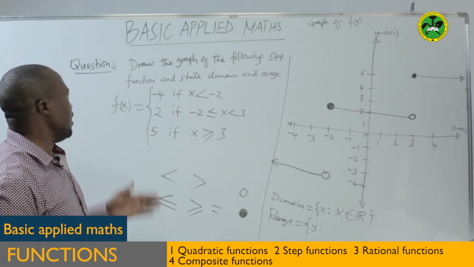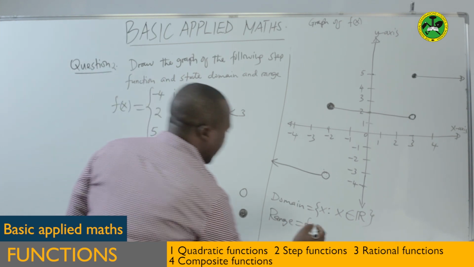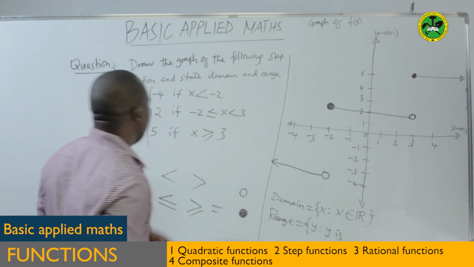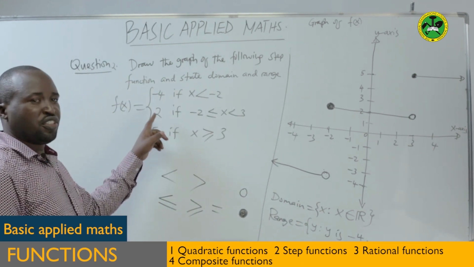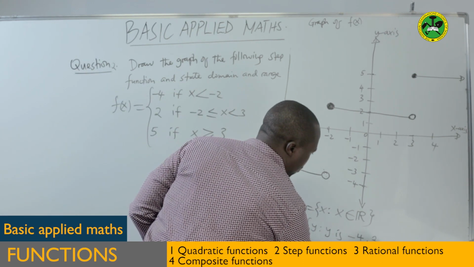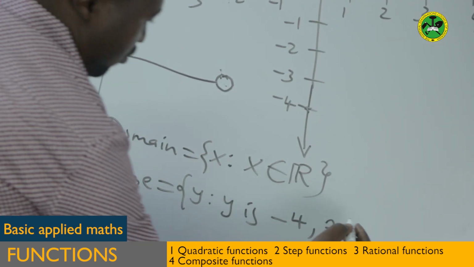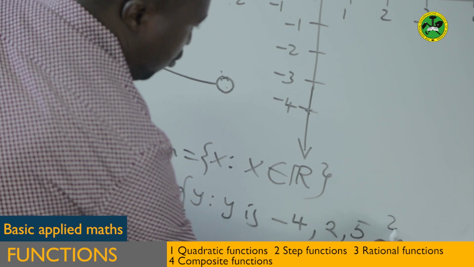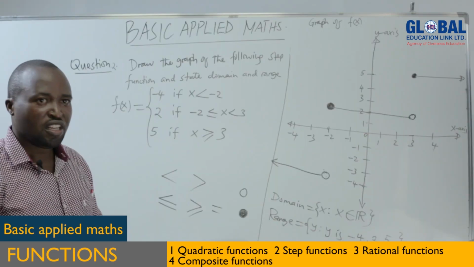So here y is equal to -4, then again followed by +2, and the last one is +5. So my dear student, we have domain and range, and that is how to do such a kind of question. That is a step function.